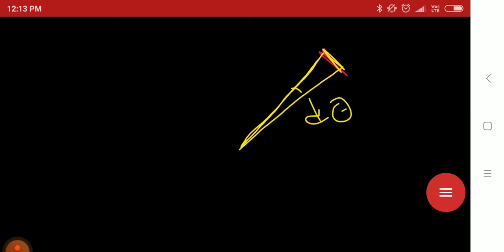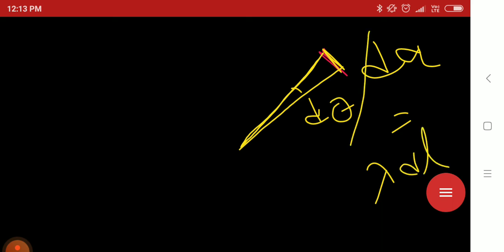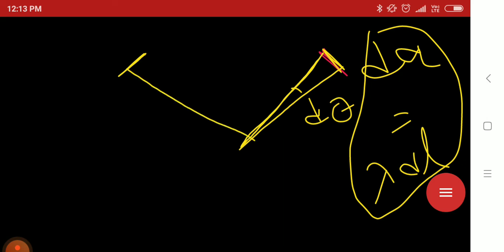Okay, this is the dq element. For the dq element, it is dq = lambda dl.